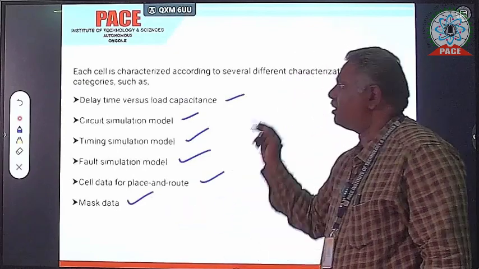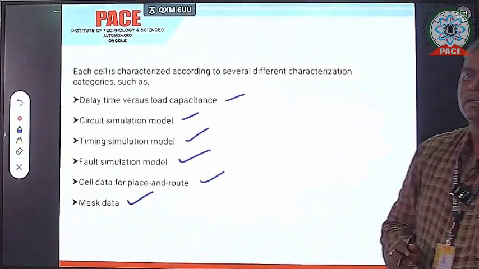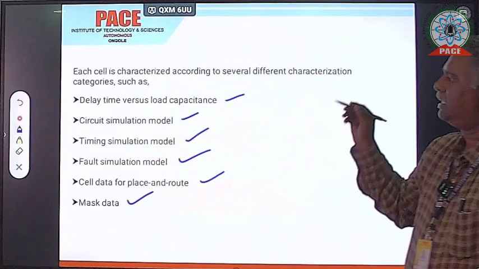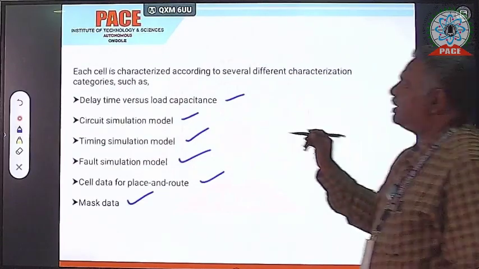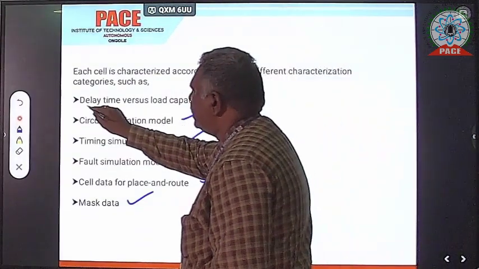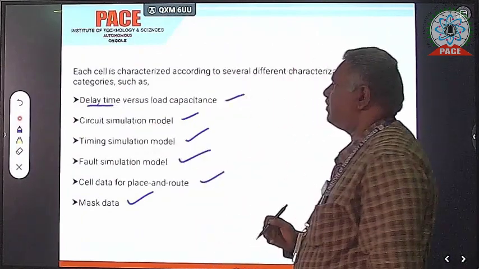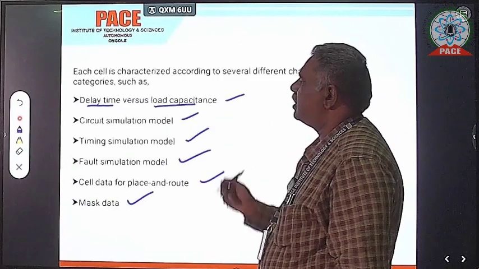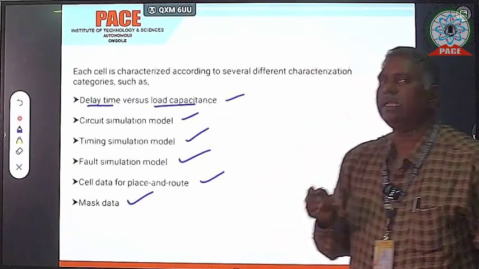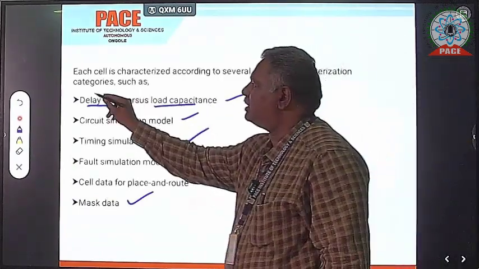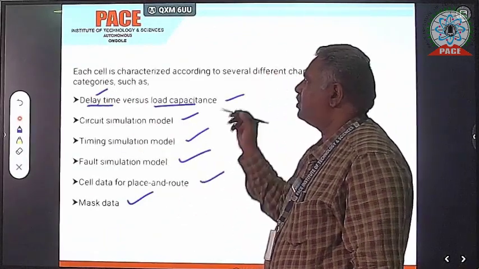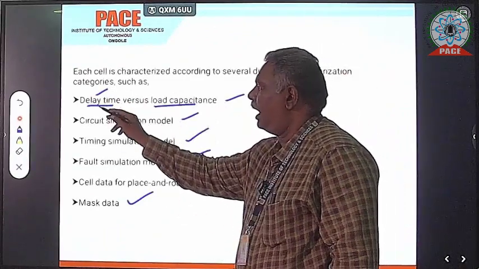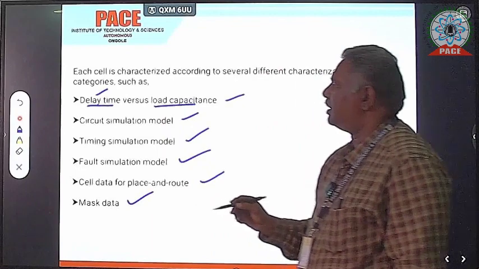So, these are all going to be verified in the design. These are the different methods, whether timing delay is more or less we are going to verify, and it is going to depend on the load capacitance. If you increase the load, time delay is going to increase. If you try to reduce the load, the time delay will be reduced.